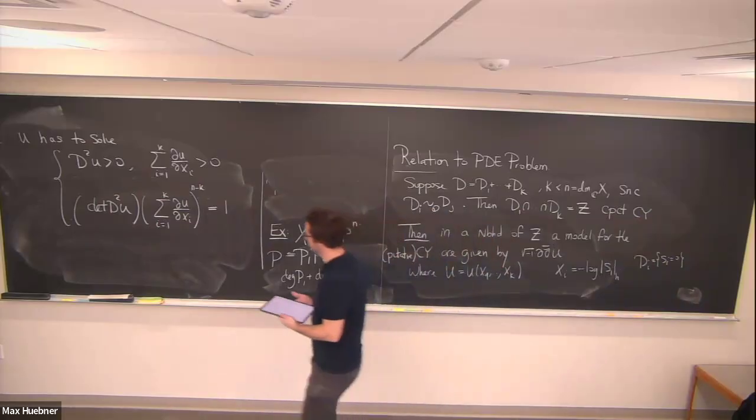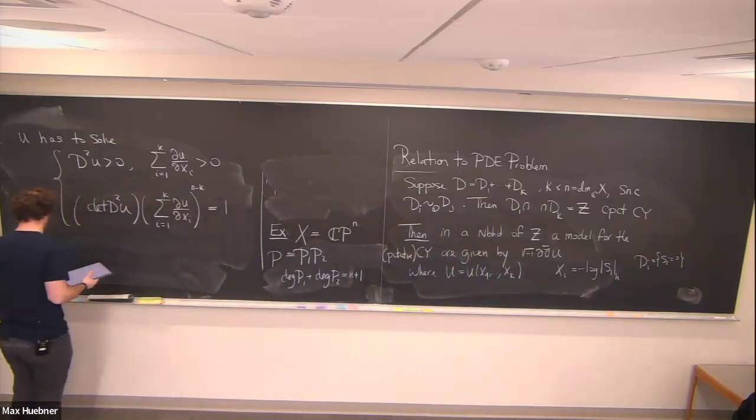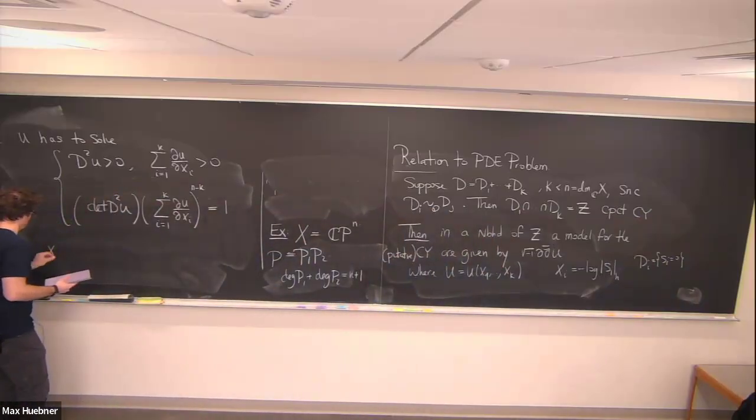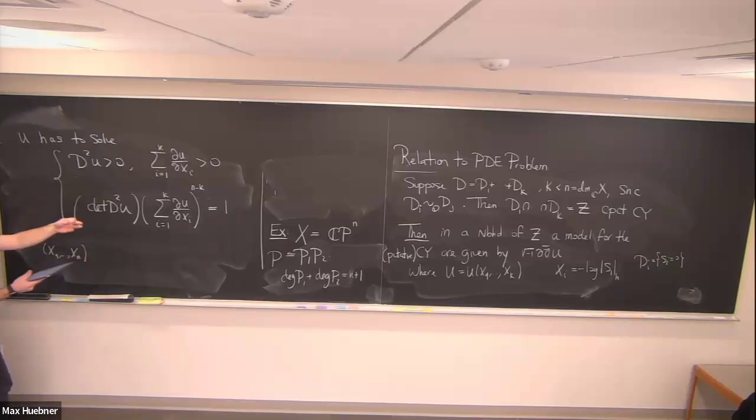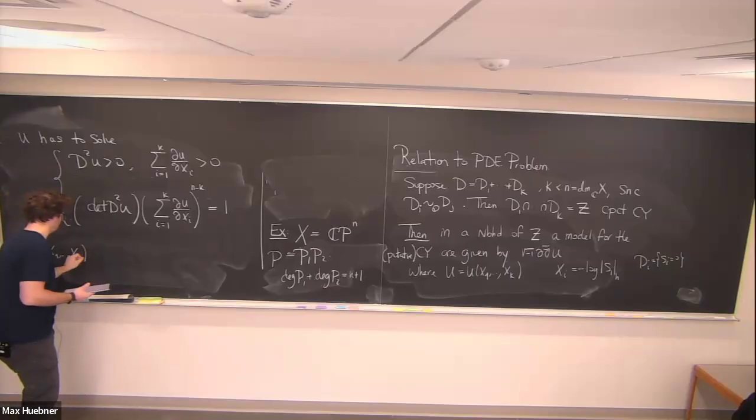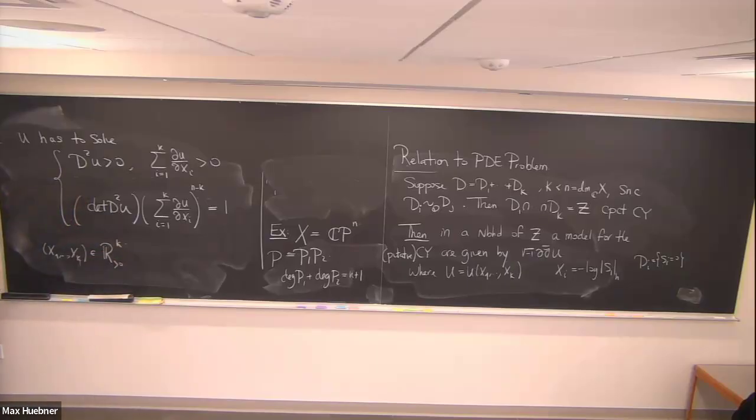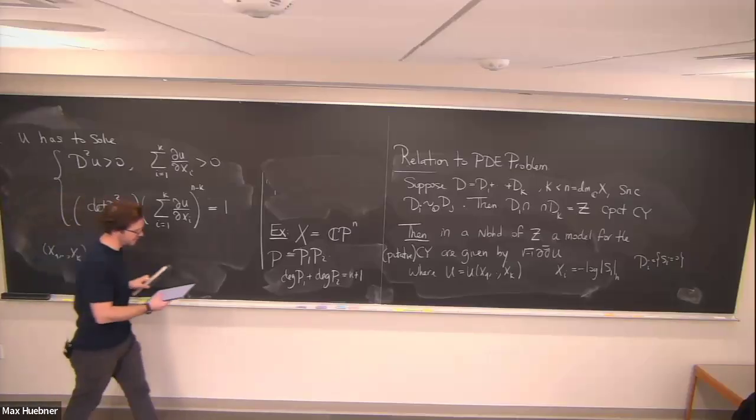U should be morally defined at least on the positive orthant. So x1 up to xk should be, okay, technically speaking, it's just in the positive orthant outside of some compact set, but let's say it's in the positive orthant in Rk. Okay, because of course, what we're going to do is look for solutions of this equation which satisfy some homogeneity.